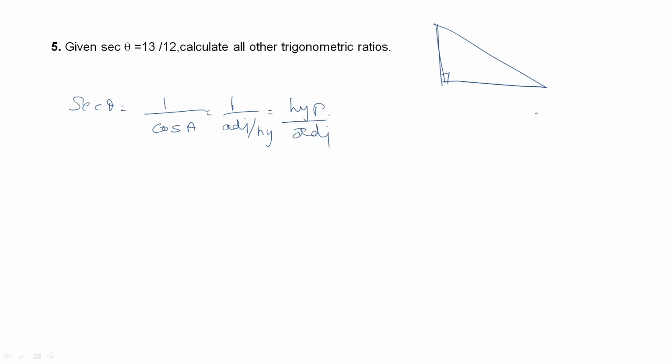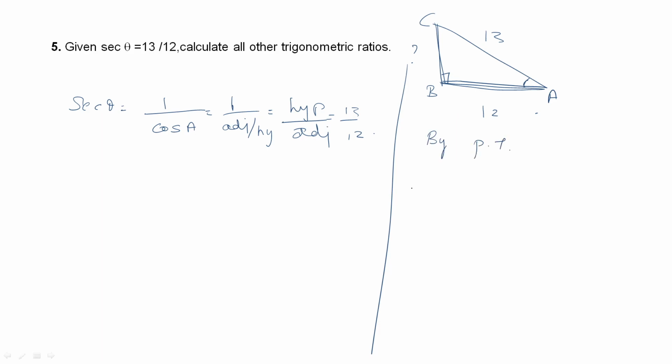Okay, so this is given as 13 by 12. So whichever angle we are taking, suppose you are taking this as A, then hypo is obviously this one, and which is adjacent to angle A? This one. So this becomes 12. Okay, so we have to find the third one in order to find all the ratios. So first we have to write by Pythagoras theorem as usual.